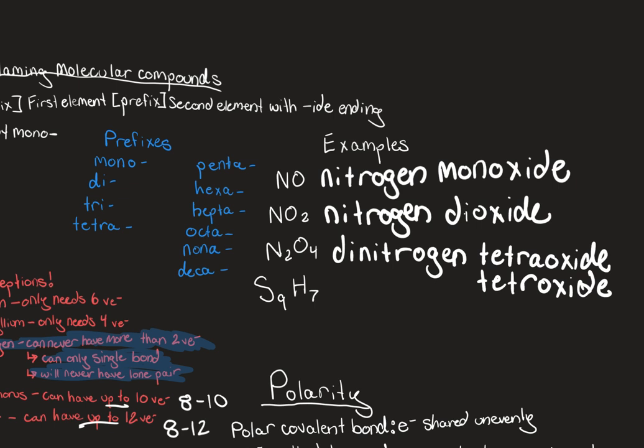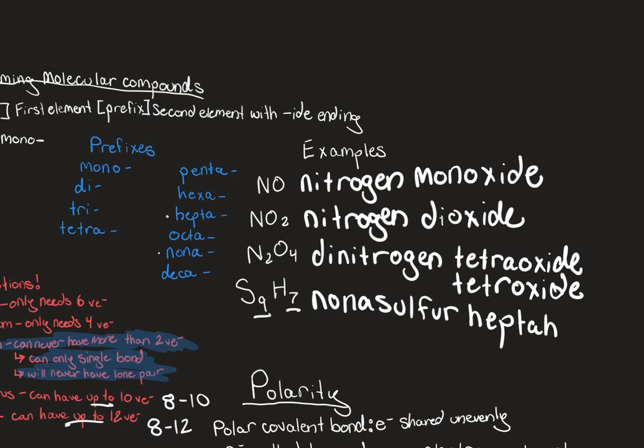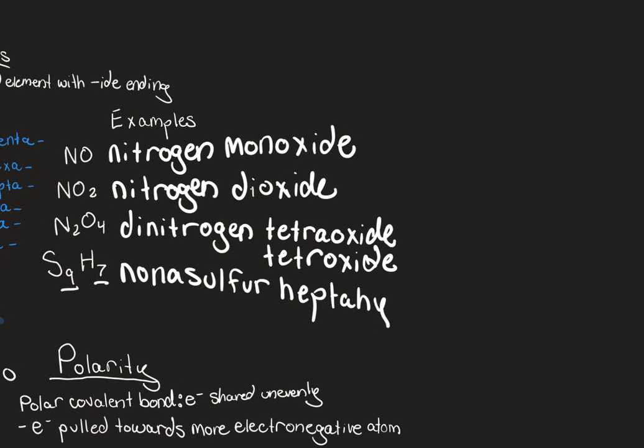Lastly, I have S9H7. So the prefix for 9 is nona. The prefix for 7 is hepta. So I'm going to have nonasulfur heptahydride.